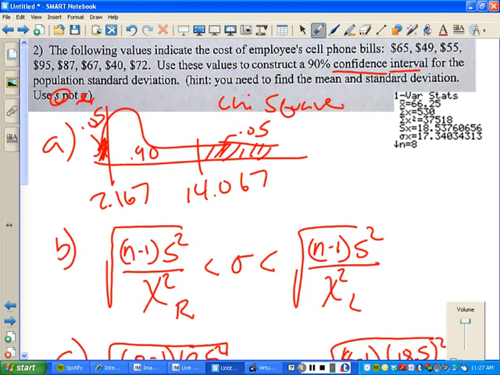It'll say for something. In this case, it says for the standard deviation. Anytime we're doing a confidence interval, and also hypothesis testing, which is coming up in Chapter 8, anytime we use standard deviation, confidence interval for standard deviation, that's always the chi-square chart.